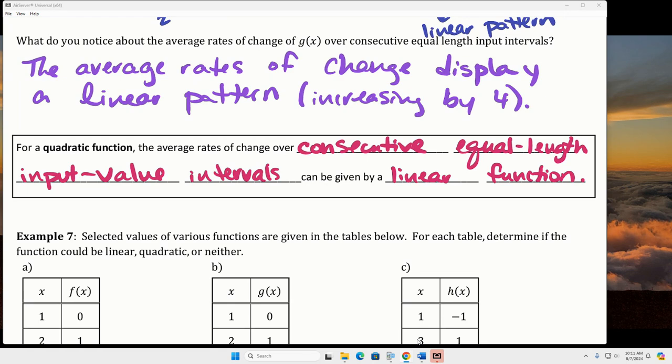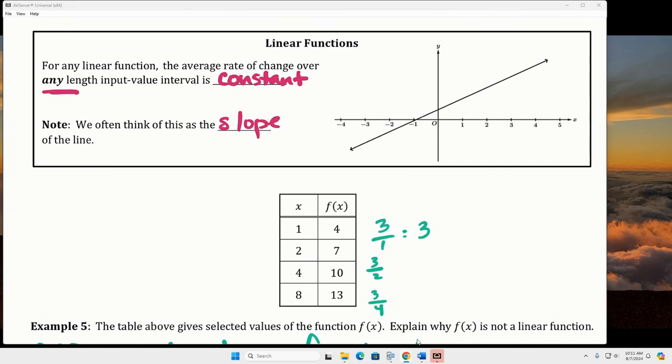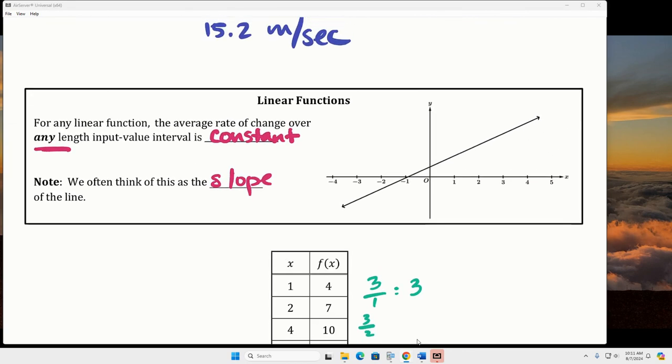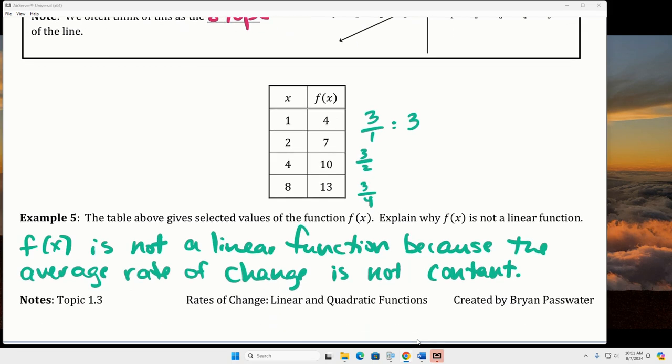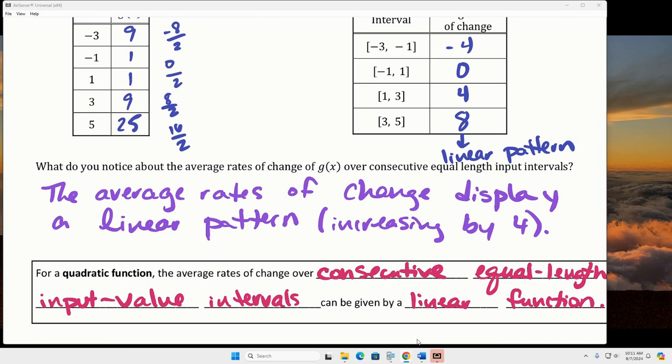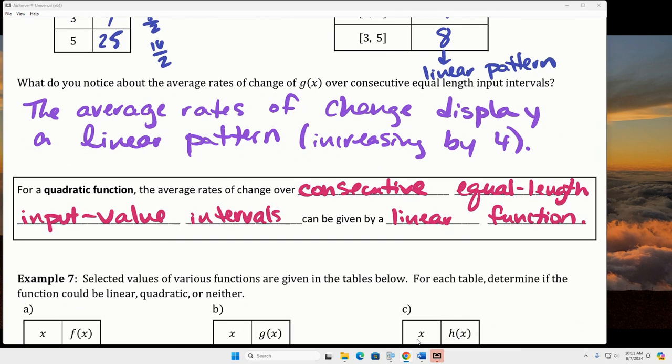Now for the linear function, those input value intervals don't have to be the same. So they can skip like this one did. But if it's quadratic, they do have to increase by the same amount each time, or we won't be able to make the determination.